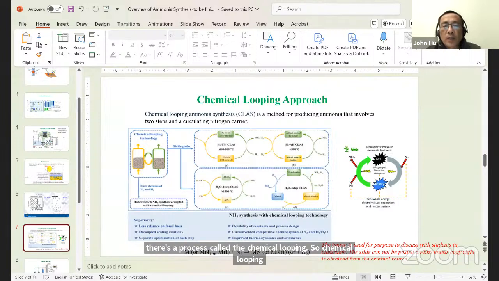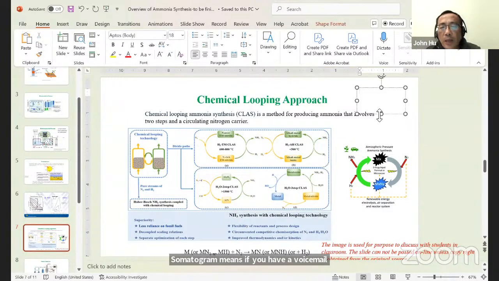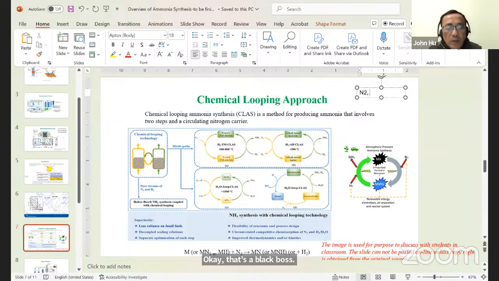So what does thermodynamics mean? Thermodynamics means if you have a vessel, a black box, you have nitrogen, hydrogen, and ammonia. At a given temperature and pressure, they are going to reach equilibrium. Remember that?